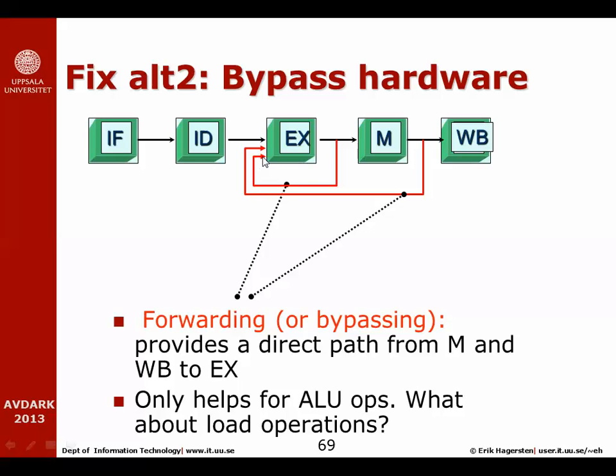It's called bypassing or forwarding to the execution stage, so it can eat its own output in the very next cycle. And we need to do that since it's a five-stage pipeline. We need to have a kind of bypass right after the memory read stage as well.